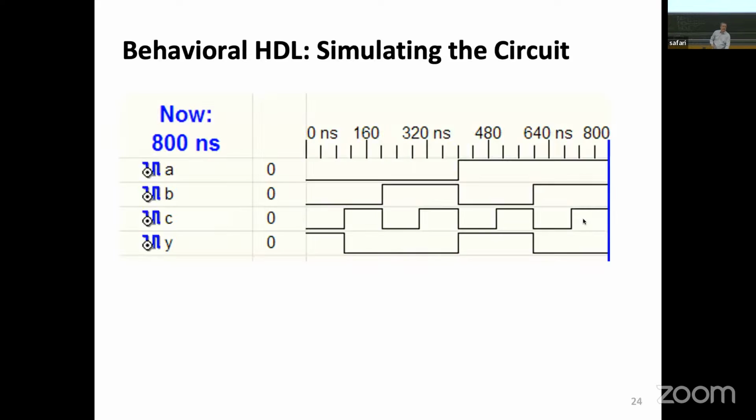The other great thing is now I can take my A, B, C, Y and apply different inputs at different times. So you see, what happens if I have A0, B0, C0? Y will be 1. Okay, great. After a while, I go through all possible things. What happens if A is 1, B is 1, and C is 0? Y will be 0.